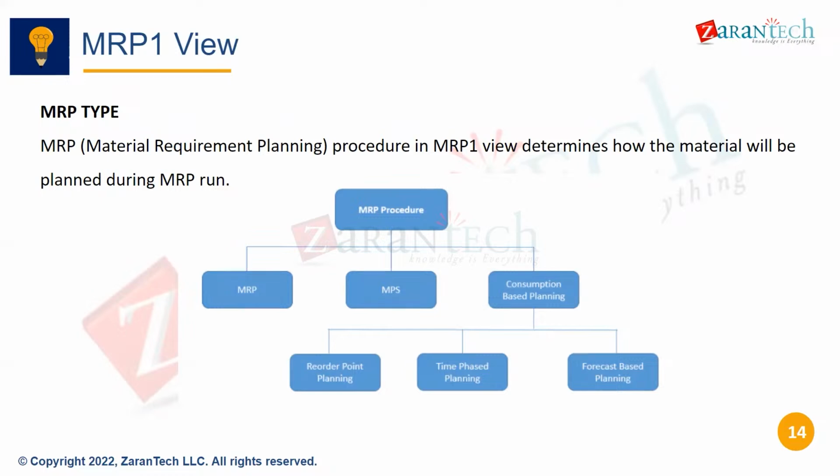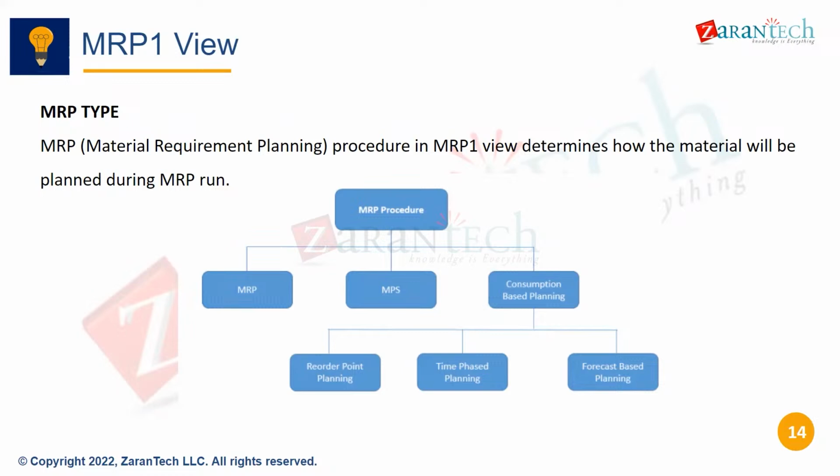SAP recommends using it for B class and C class items, which don't have high value. You allow the system to analyze the past consumption, and it will forecast the future. With consumption-based planning, there is no link to the demand, and it is part of the MM module, not the PP module.